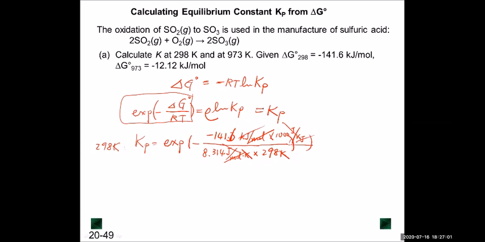And that's how you get the equilibrium constant at 298 Kelvin. Sig figs: this is an exponential, so the number of decimal places in your exponent becomes the number of sig figs in your decimal part.